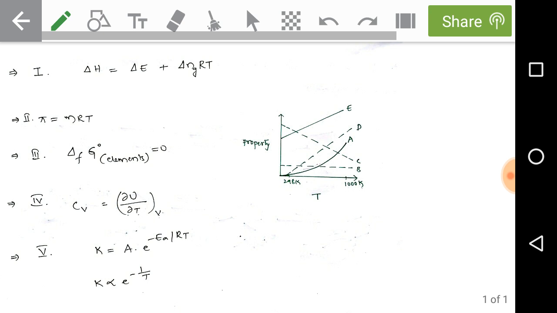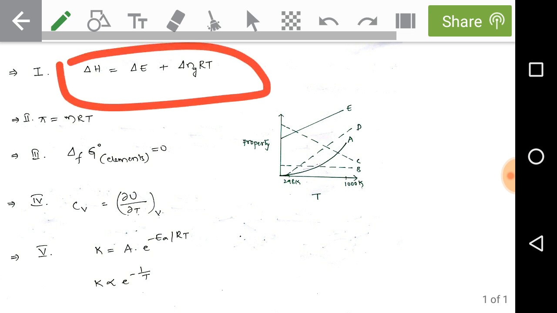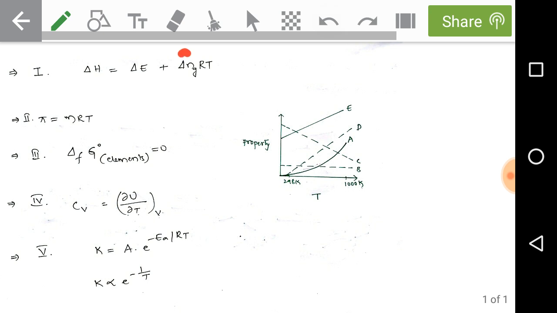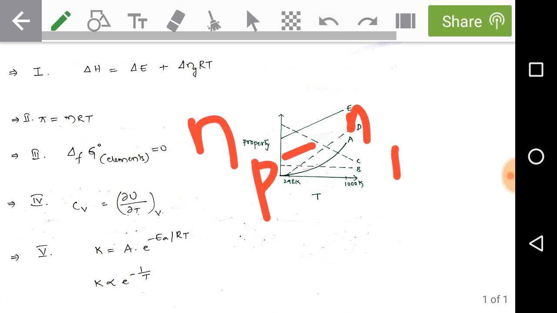Okay, right. And from this relation, the enthalpy change is equal to delta E, that is internal energy change, plus delta n g R T. Here delta n g indicates the change in number of moles of the gas phase reaction, given by Np minus Nr.